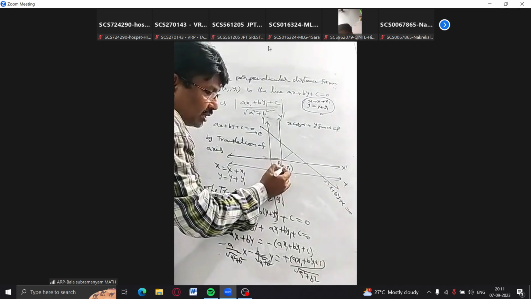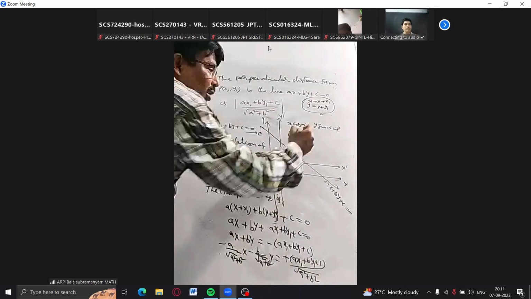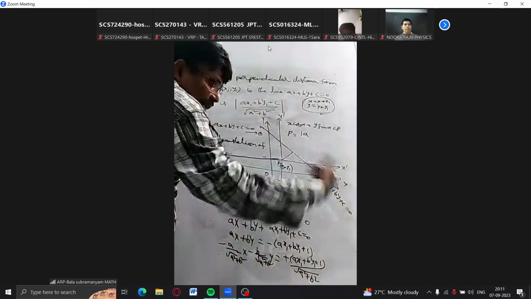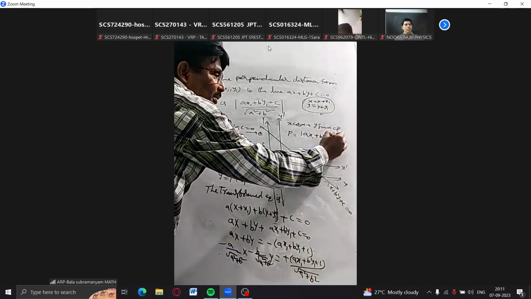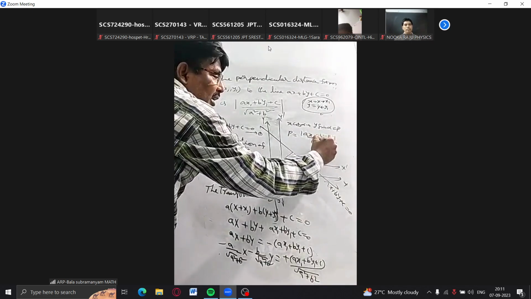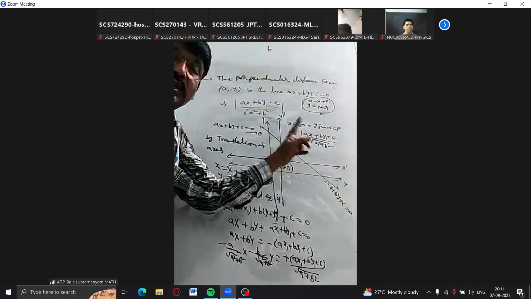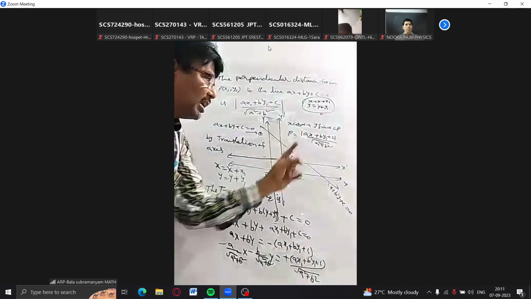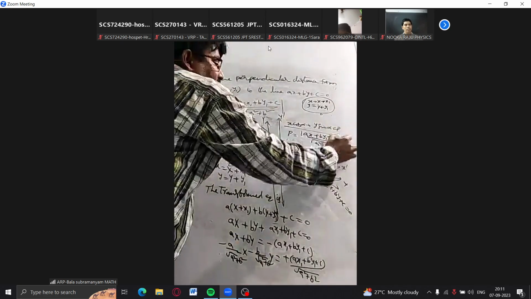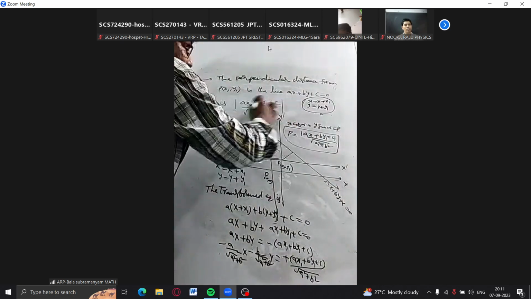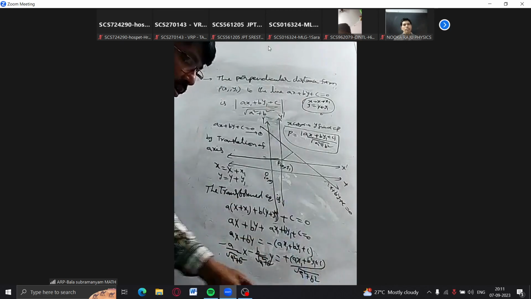Here the new origin is P(x1, y1), so p is the modulus of the right side, always positive: |ax1 + by1 + c|/√(a²+b²). So this is the formula for the distance from P(x1, y1) to ax + by + c = 0. Is it clear?